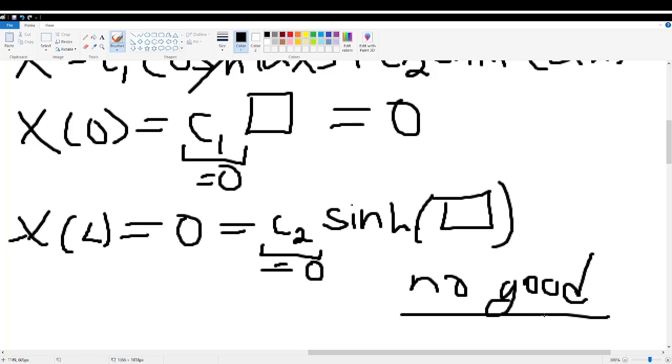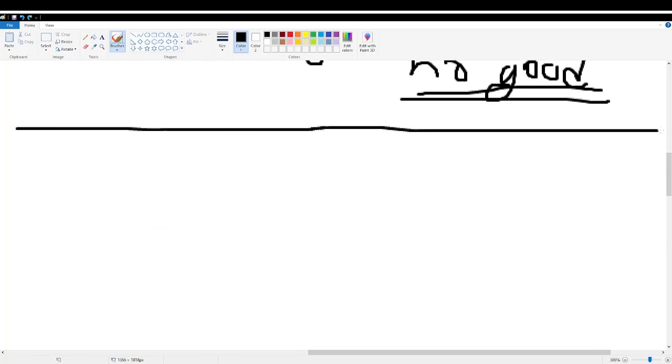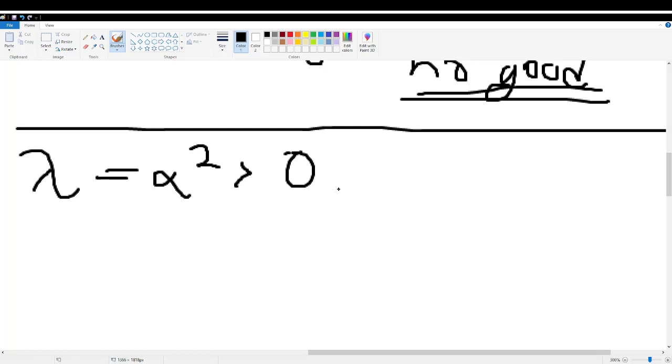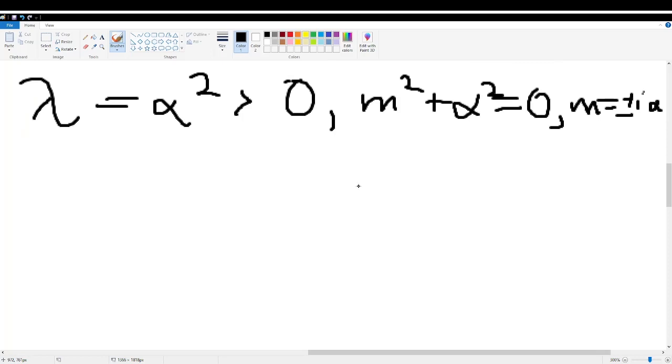So we better hope that our last case, where lambda is equal to some positive number alpha squared, works. That means m squared plus alpha squared is equal to 0. That means m is equal to plus or minus i alpha. Ooh, complex numbers. We better hope that this gives us a good solution, right?